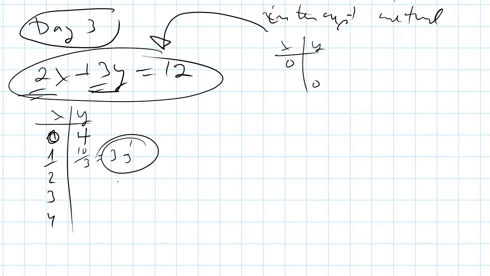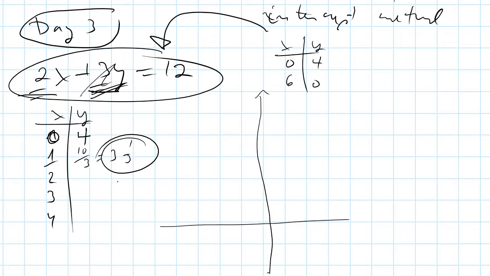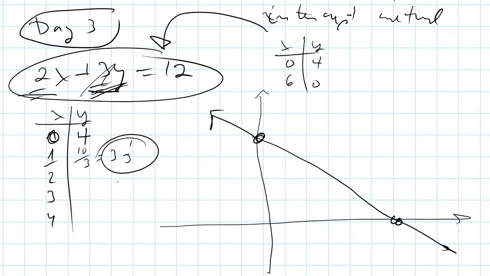So when x is 0, this becomes 3y equals 12 or y equals 4. When y is 0, it becomes x equals 6. So those 2 points, just those 2 points, 0, 4, and 6, 0, make our line.